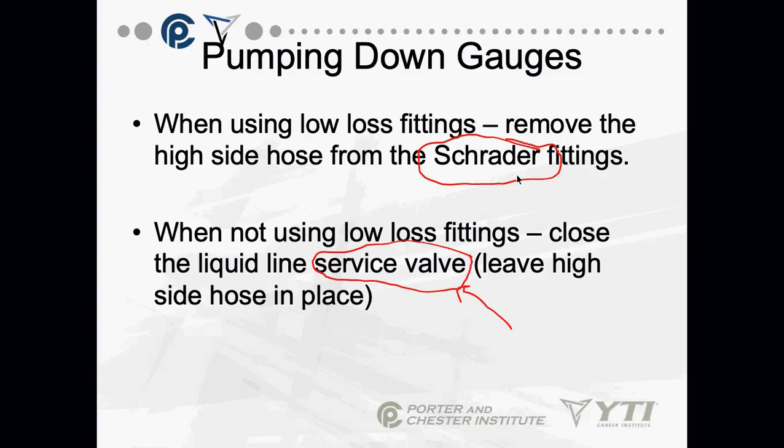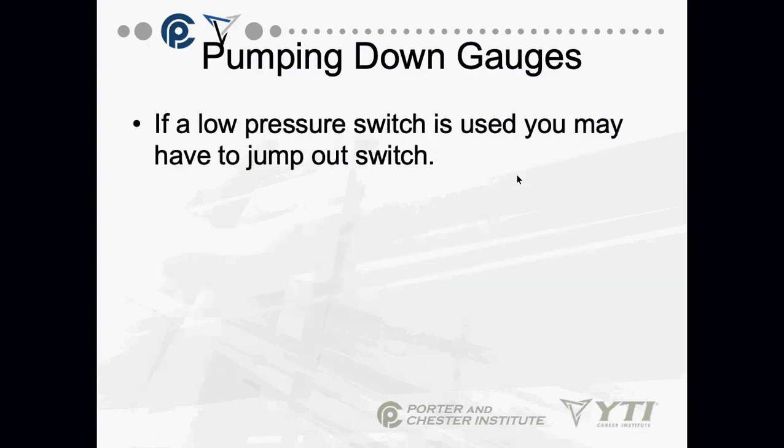Okay, low-loss fittings. We want to always remove the high side gauge first. If there's a low pressure switch, we might have to jump out the switch. Again, in air conditioning, not that often. You don't see this that often and it doesn't matter too much.